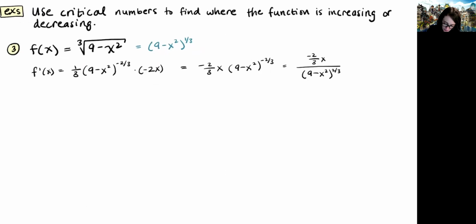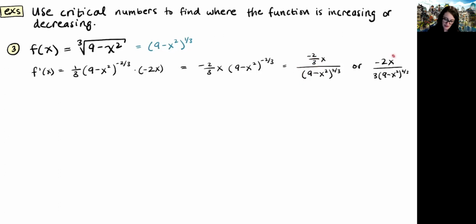Another way that we could rewrite this is just bring this 3 down to the denominator with the 9 minus x squared, and leave the negative 2x up top. Either way is fine, we'll get to the same answer.